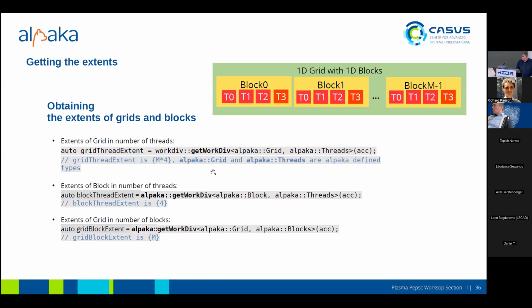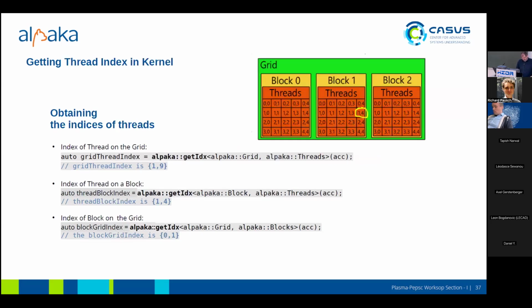The grid thread extent will be a single item array, and the item will be equal to 4m. The block thread extent is also 4, because a block has a size of 4, and we have m blocks, therefore the grid block extent is m. We can also give an example using a 2D grid.